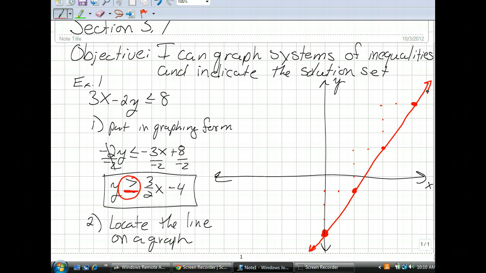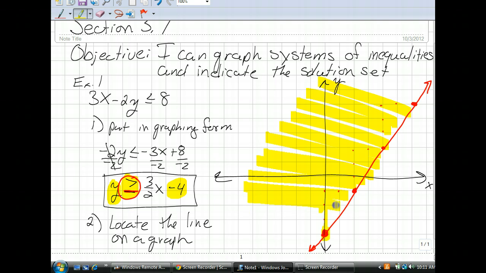Now, what I do is I focus on the y greater than or equal to the y-intercept. So I go to the y-intercept and I ask myself, where are the numbers bigger than negative 4, going up the y-axis or going down? Well, they're obviously going up, so then I shade above the line.